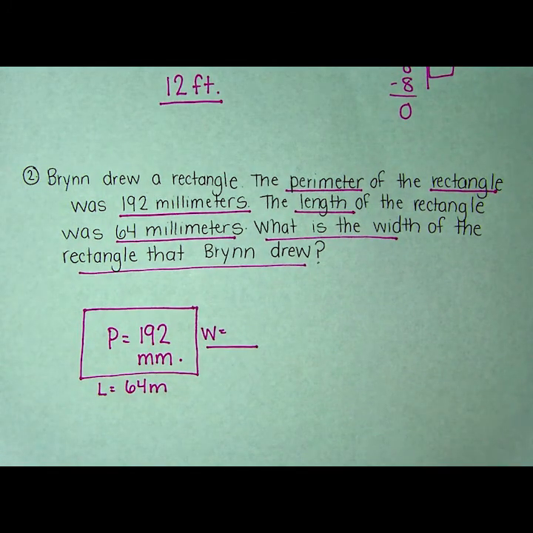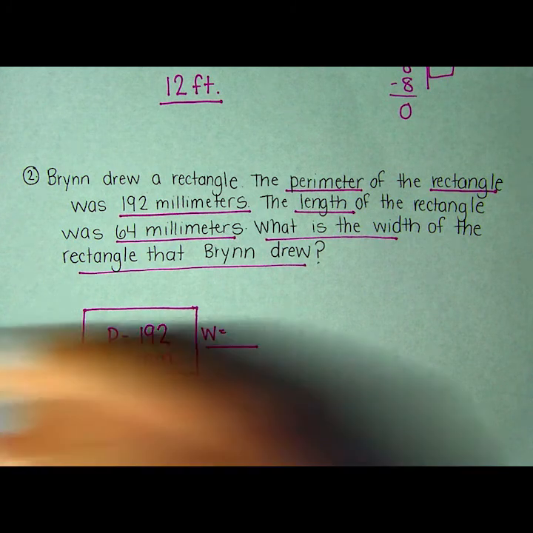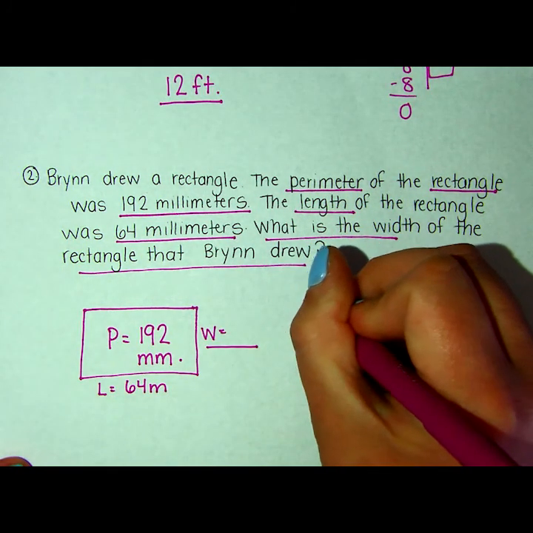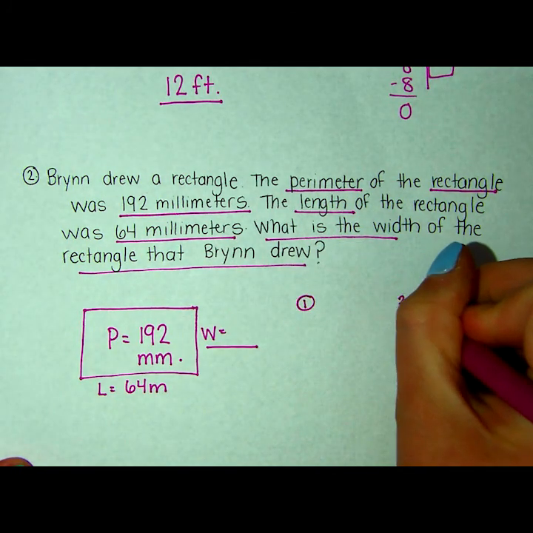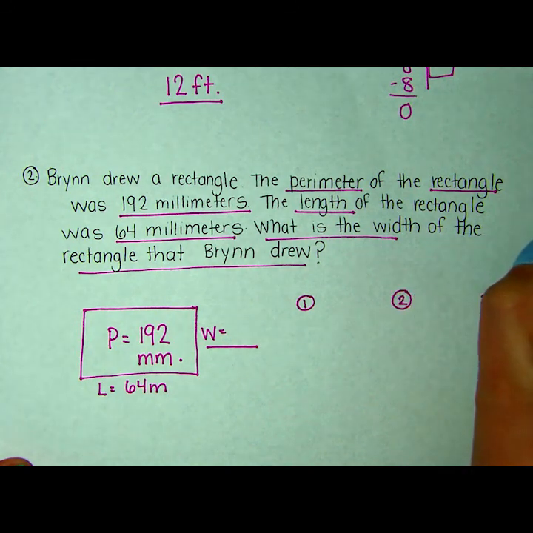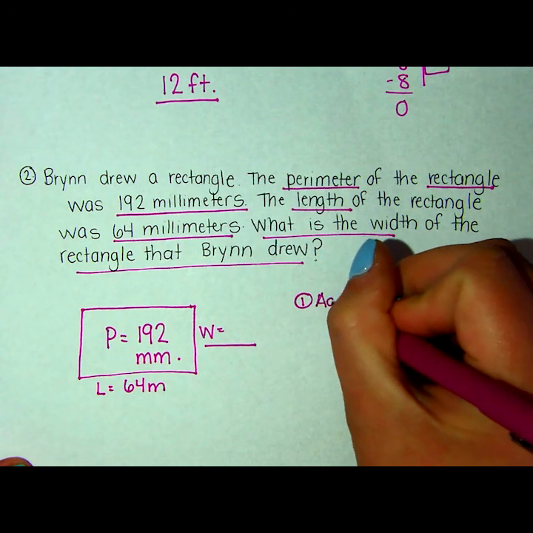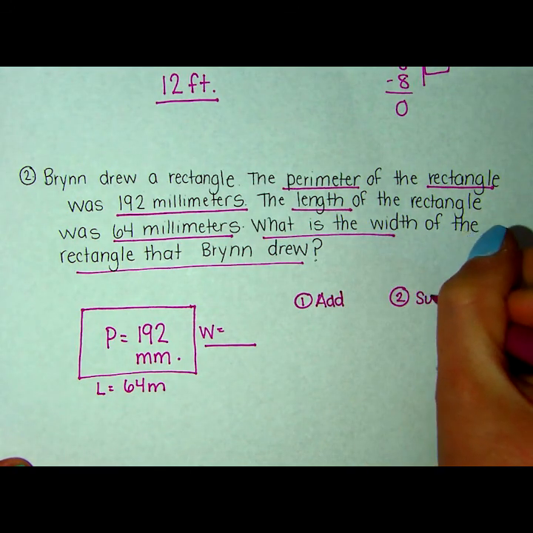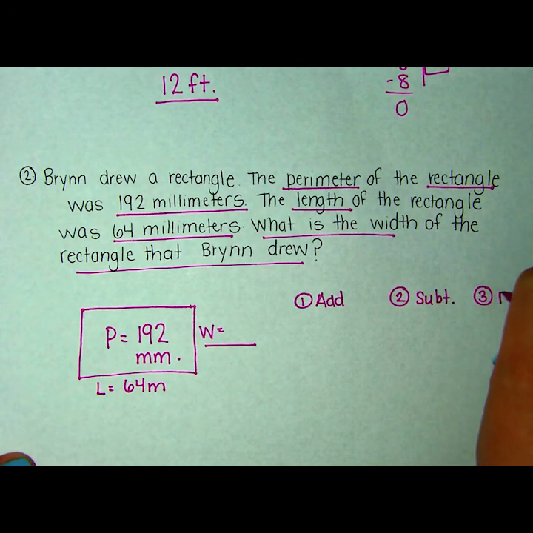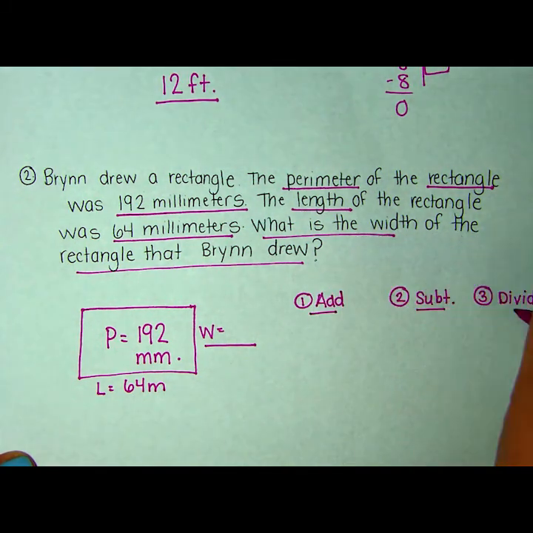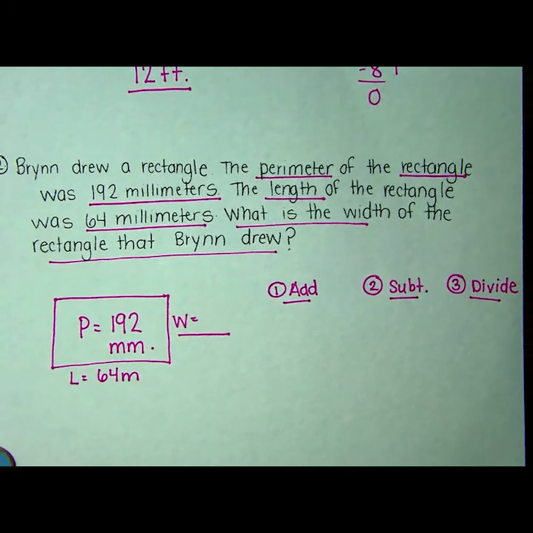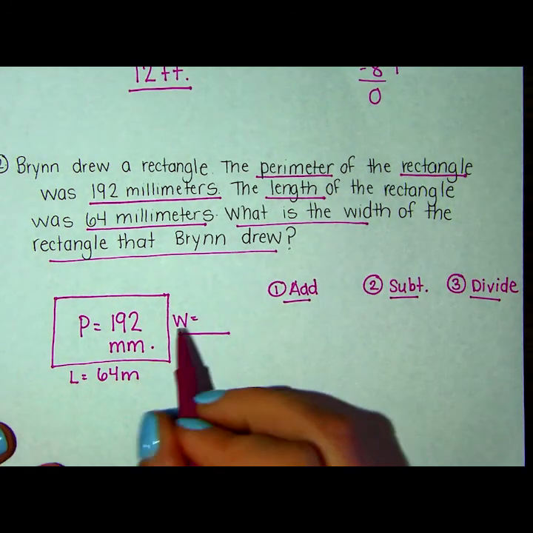All right, so this is a 3-step problem. 1, 2, and 3. And those steps are to add, subtract, and then divide. So if you can remember add, subtract, divide, then you will recognize how to find the missing length.